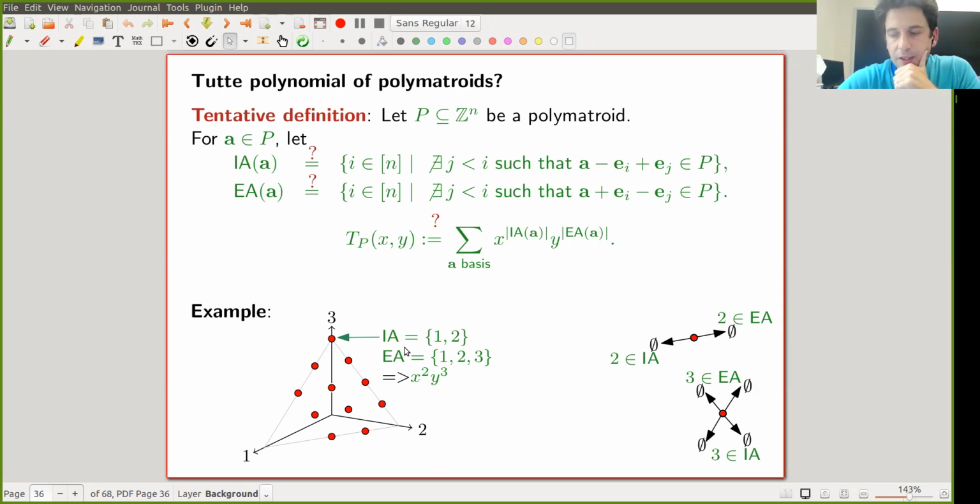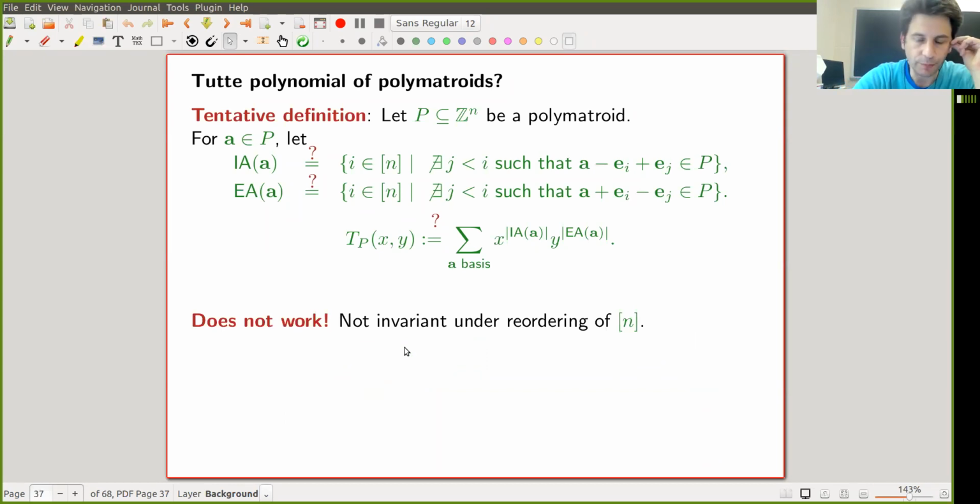All right, but that's a good dream, and it doesn't work. The problem with that definition is that it is dependent on the ordering of n, meaning that if you permute n, your polymatroid is the same, an isomorphic polymatroid, but this sum changes.